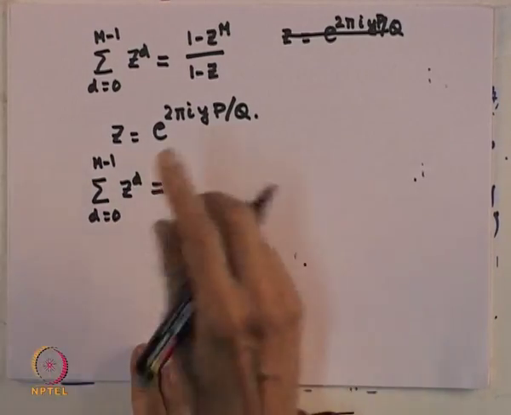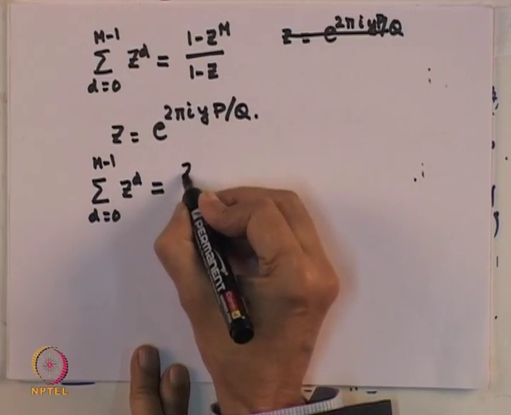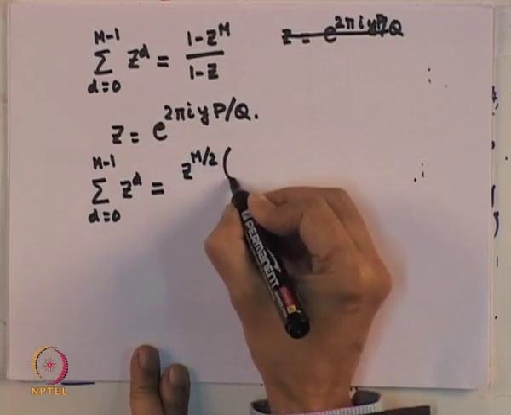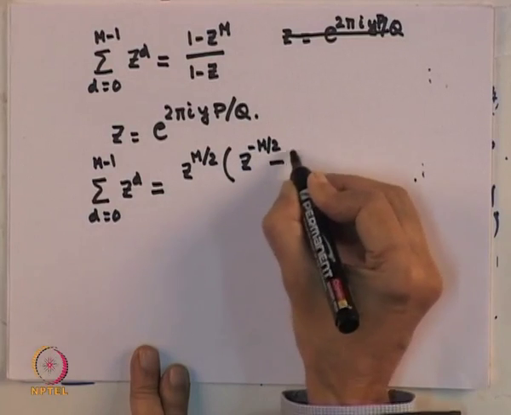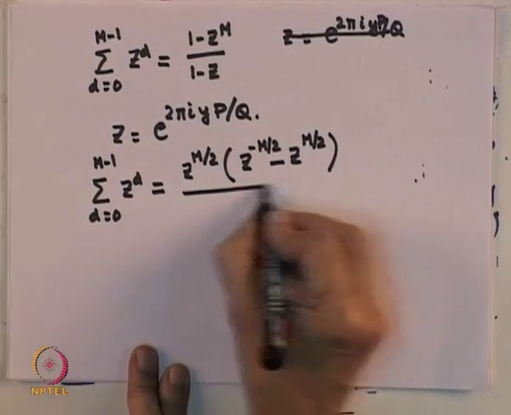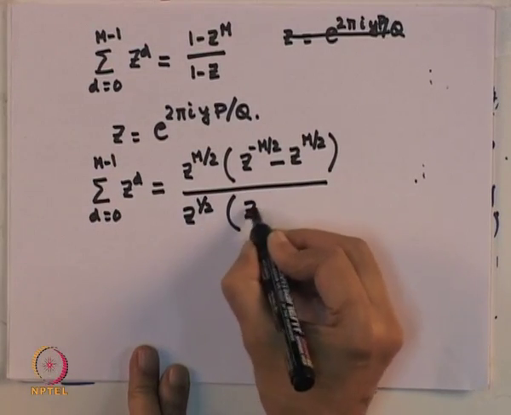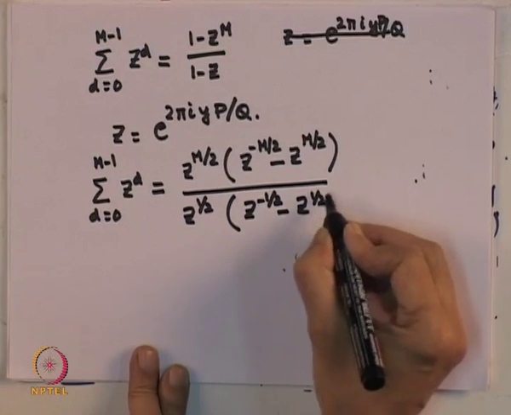I can pull out z to the power m by 2 and write this as z to the power minus m by 2 minus z to the power m by 2, and pull out a z to the power half from here and get z to the power minus half minus z to the power plus half.